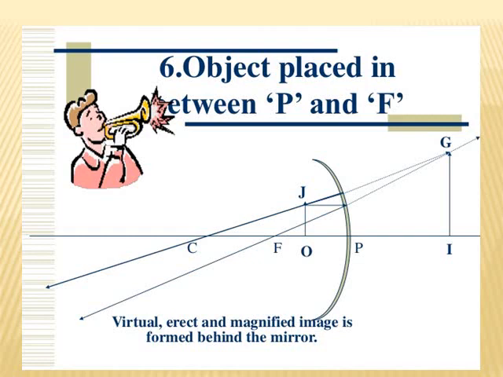Then draw the object OJ in between F and P. Then draw the two rays, one parallel to the principal axis and the other through the center of curvature. Extend them on the other side by a dotted line, so they will meet at the point G. Drop a perpendicular from G, and that is the image.